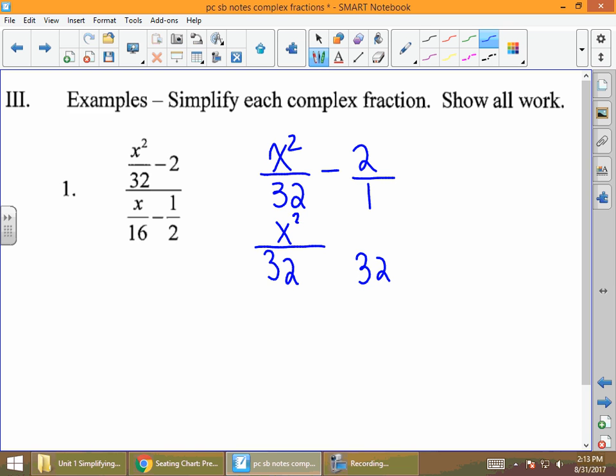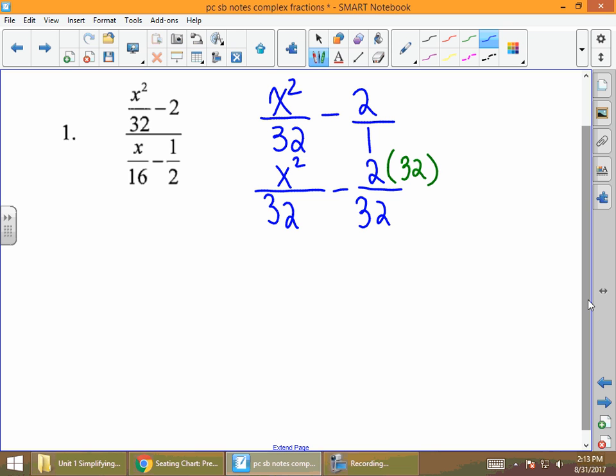So we've got x squared over 32 minus. Well, we put 32 into the denominator, so we also need to put 32 into the numerator. There's that fancy form of 1, 32 divided by 32. And if we look at this a little bit more closely here, when we combine now, we end up with x squared minus 2 times 32, which is 64, all divided by 32.